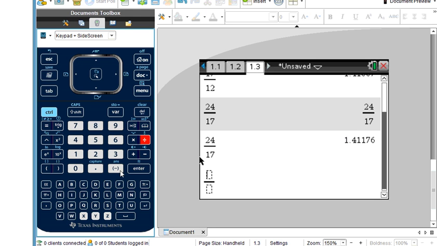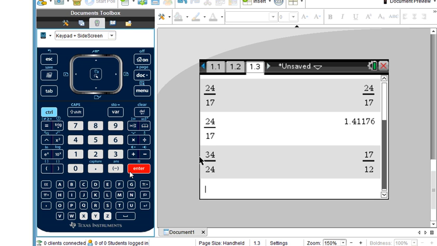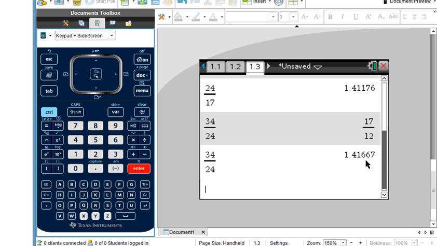Then we have 34 divided by 24, and decimalized, that's going to be, again, 1.416.